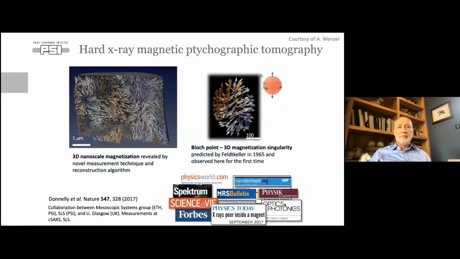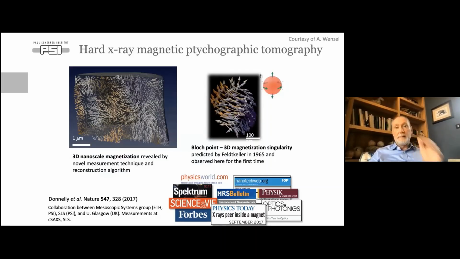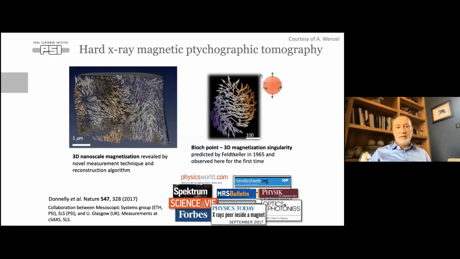We've also been able to look at magnetic ptychography in the hard X-ray regime, and like I also said before, this is now being done at the SIM beamline at around the L edges of the magnetic elements cobalt, iron, and nickel.